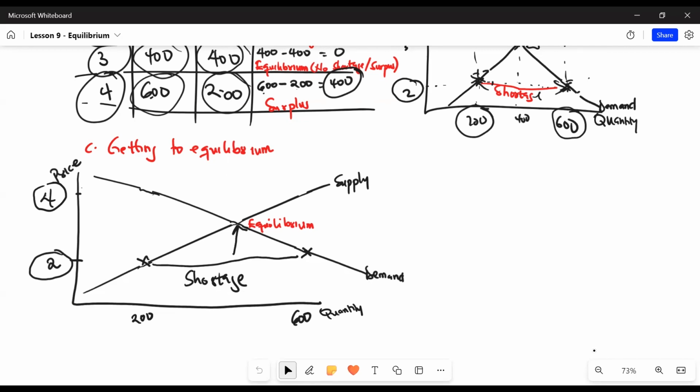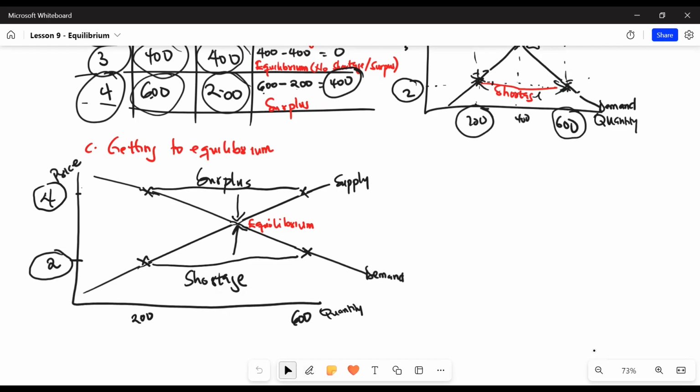At this point, quantity demanded is 200 and quantity supplied is 600. This results in a surplus. The surplus here means that suppliers are supplying more than consumers are willing and able to buy. So there's excess good in the market. That is going to push the price of the good down slowly until we get to equilibrium.